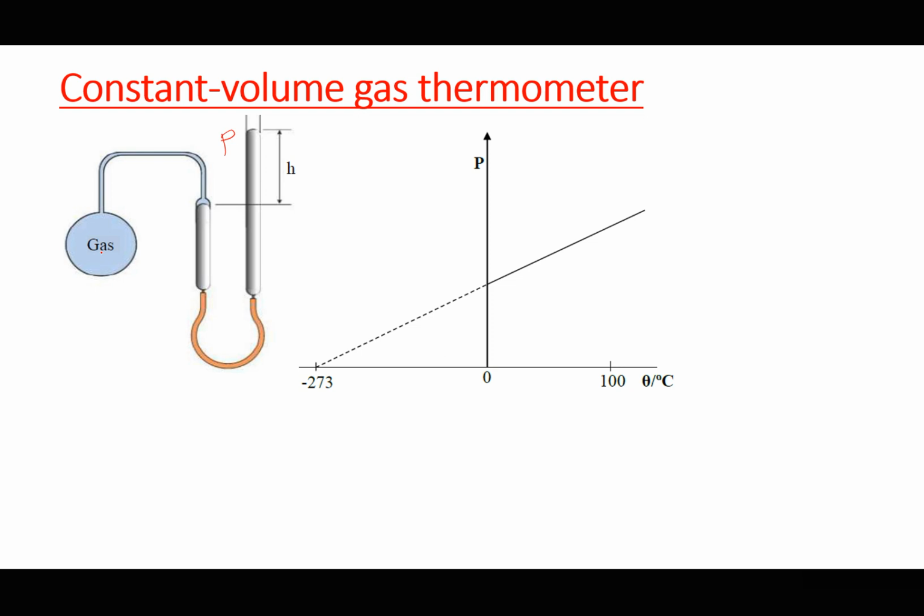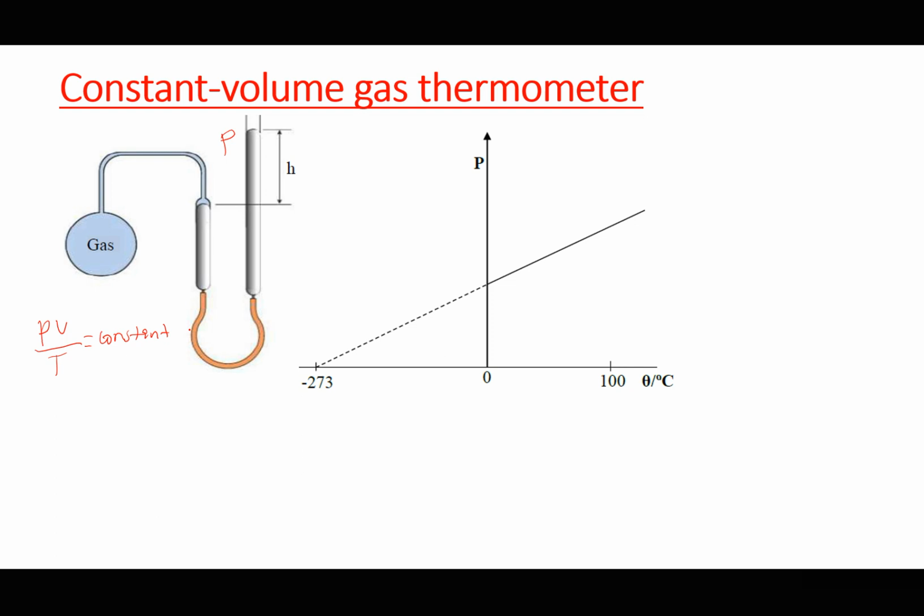for an ideal gas, PV is equal to nRT, or simply PV over T is equal to a constant. At low pressure, a real gas behaves more like an ideal gas. And for an ideal gas, PV over T is equal to a constant.